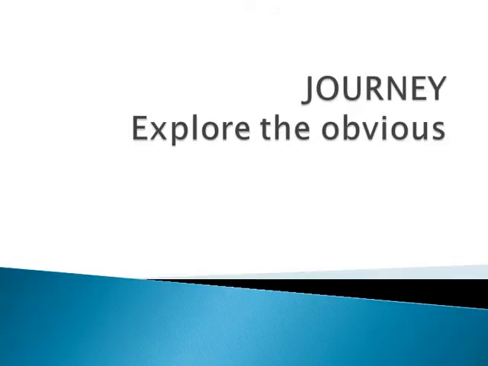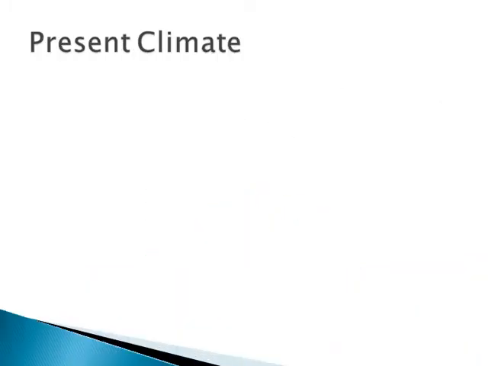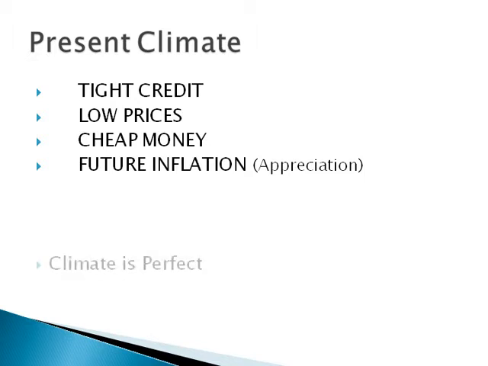This is the third in our six-part series of our journey to explore the obvious. We first reviewed the present climate: the tight credit, low prices, cheap money, future inflation appreciation, and figured the climate is pretty good out there.